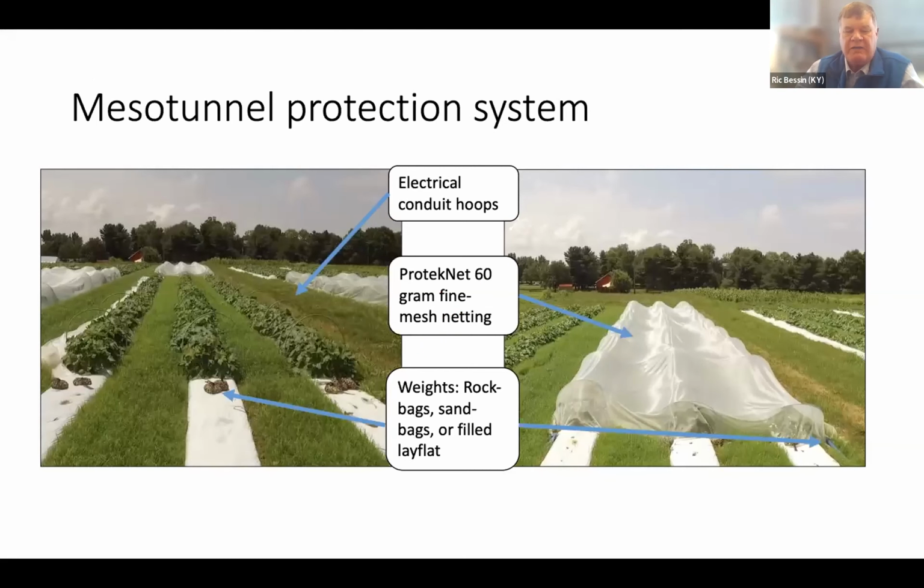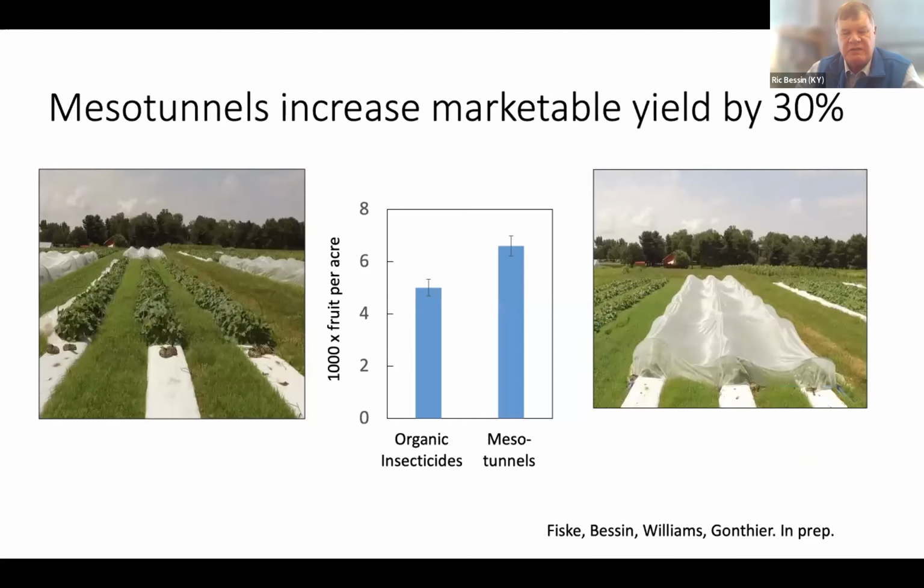I think they covered this well, the system that we're working with: the Protek, or some sort of net over the crop and the hoops and all that. That's really good at excluding the key insect pests, the cucumber beetles, the squash bug, and the squash vine borer.